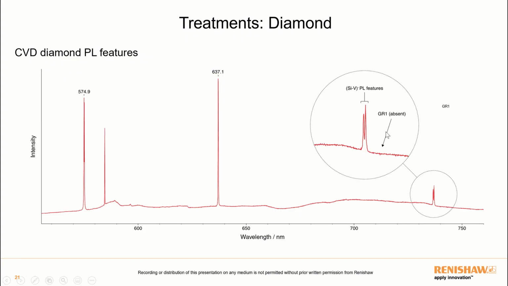And these defects correspond to this doublet of peaks at 736.6 nanometers and 736.9 nanometers. Moreover, the general radiation center is absent in this type of CVD laboratory-grown diamonds because they are also normally HPHT treated.